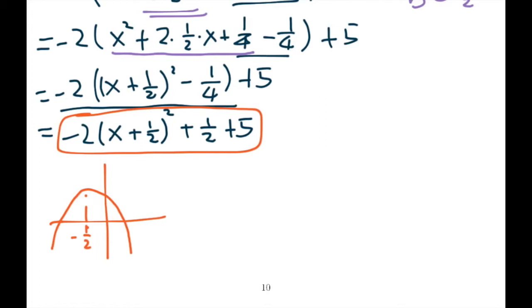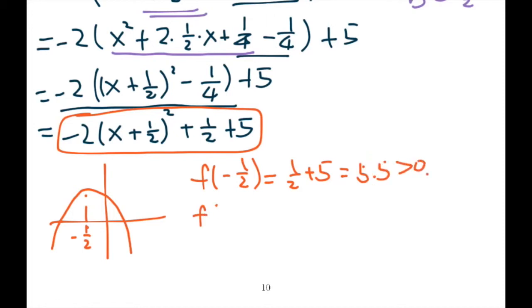Because if we plug in -1/2, the corresponding function value is just 1/2 plus 5 equal to 5.5, which is always greater than 0.